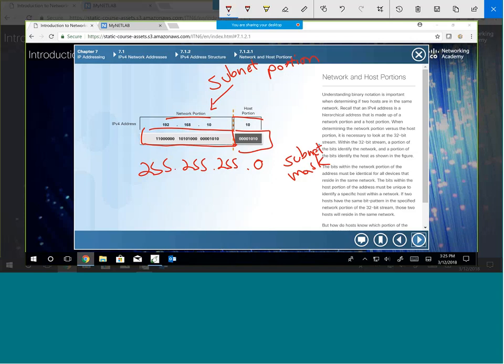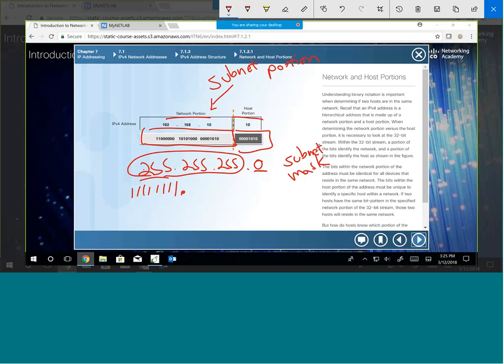It puts ones into the network portion of the address, and zeros into the host portion. So with this IP address and this mask, it's saying the first three octets are the network portion. The last octet is the host portion.